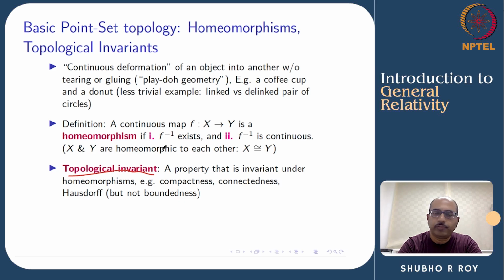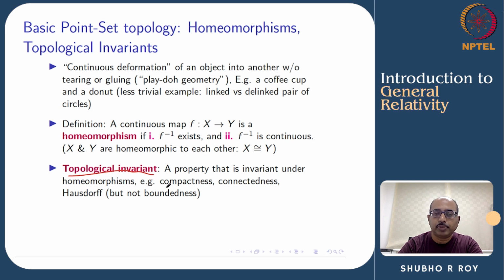For example, in special relativity, you've learned about the Minkowski space-time interval, which is a Lorentz invariant. So invariants play a major role in physics. And in topology also you can have invariants, which are objects or quantities which are left invariant under homeomorphism. And those quantities which are preserved under homeomorphism are called topological invariants.